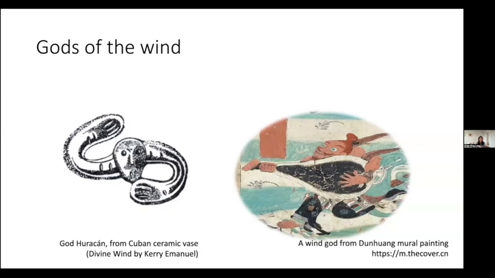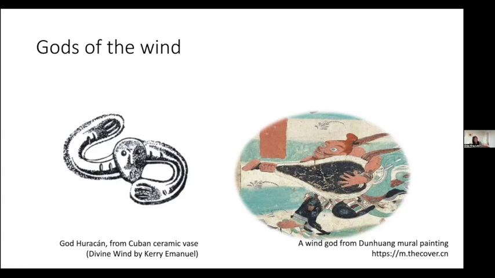The idea of the hurricane, or even the word hurricane, comes from Spanish explorers of the New World who were told of an evil god of the wind that caused huge destruction. So it may come even earlier than the explorers. The symbol on your left is a god of hurricane from Cuban ceramic, engraved on a ceramic mask and vase.